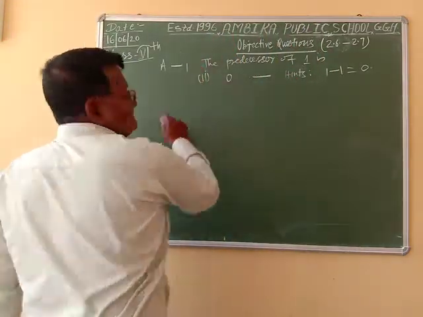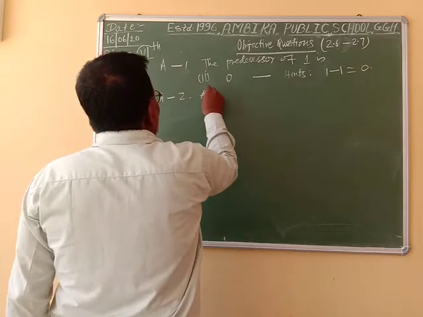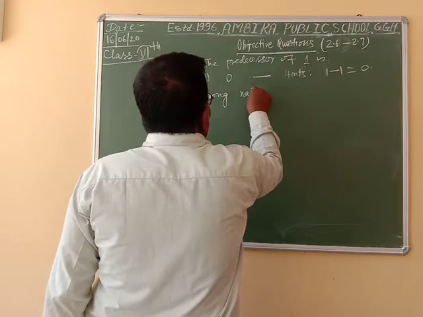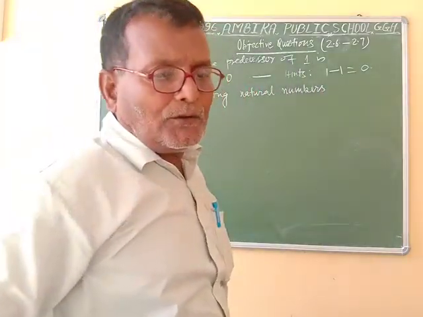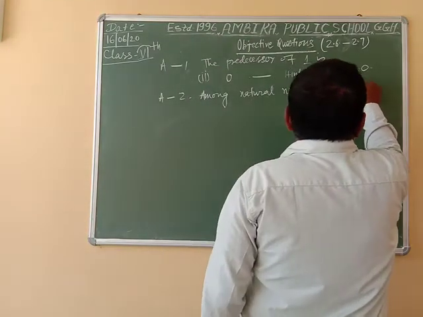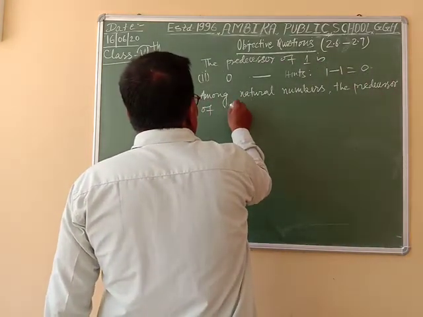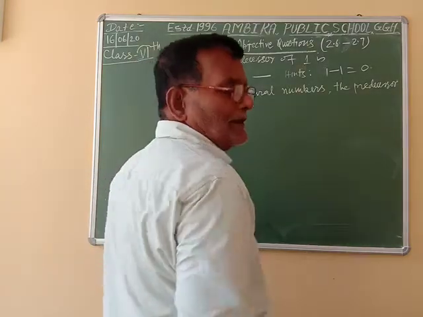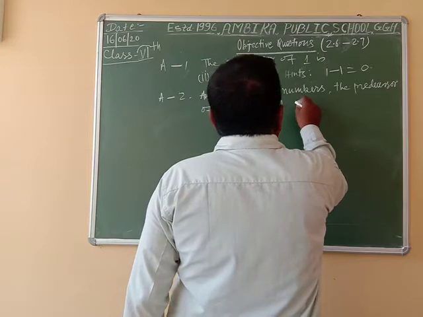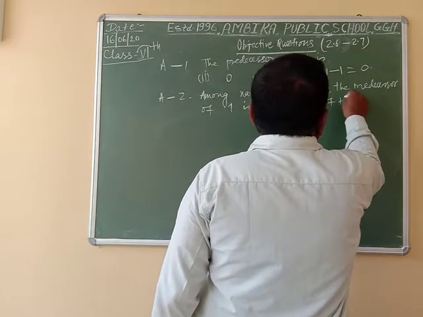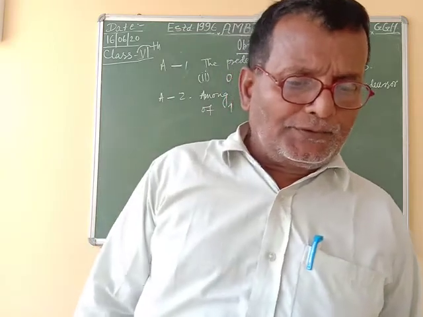Among the natural numbers, the predecessor of 1 is option 4, none of these, because we are given 0, minus 1, 2, none of these.